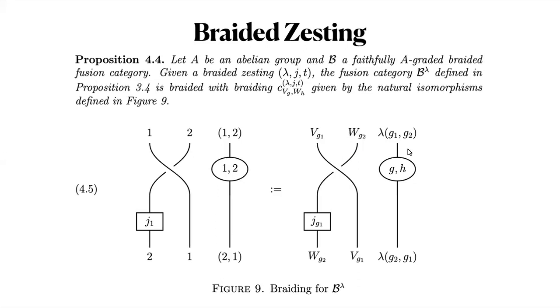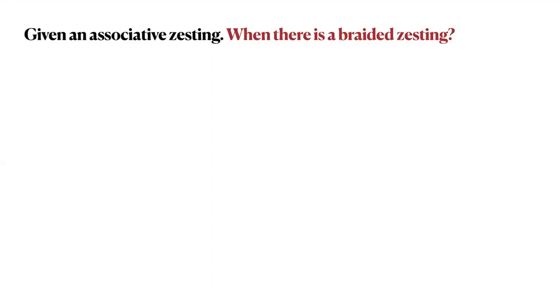Okay. So yes, this is the way to define the new braiding. And here, of course, appeared another natural question: given an associative tensor structure, when is there a braided structure? There is some obstruction theory that tells us, and this is, of course, going in the direction that Shen Han is telling me, that this should be inside some very general theory where the obstructions naturally appear as some higher categorical shadow of something.